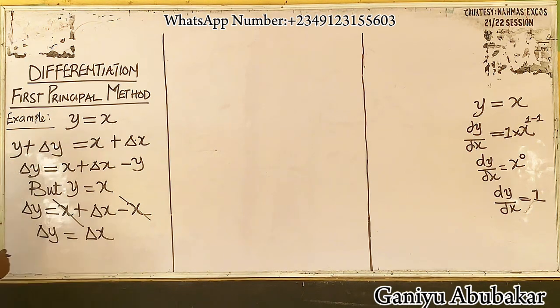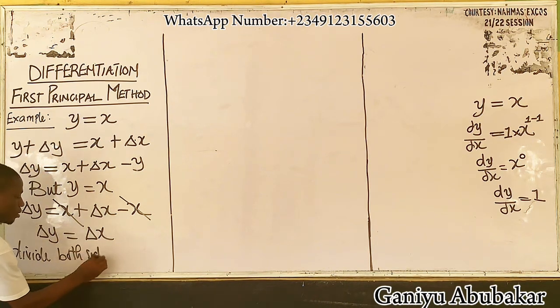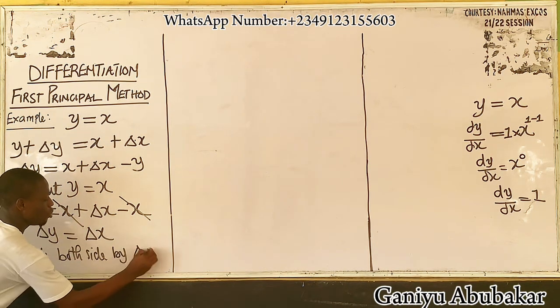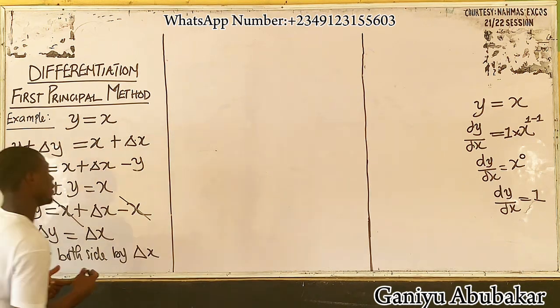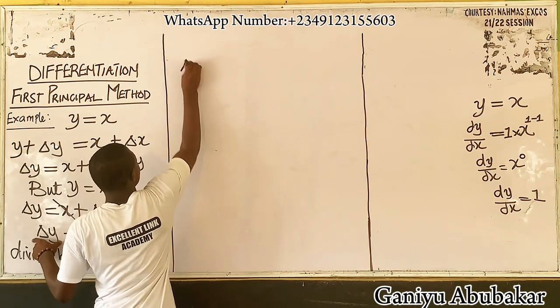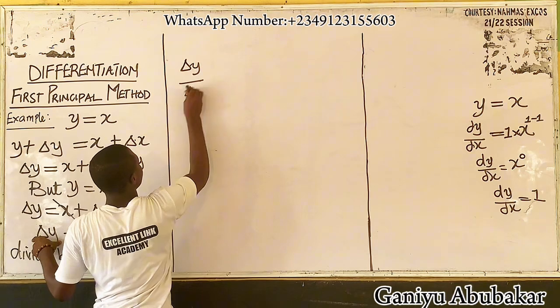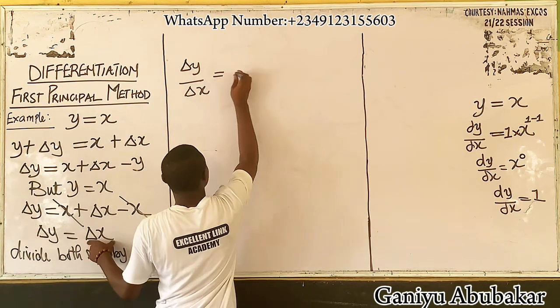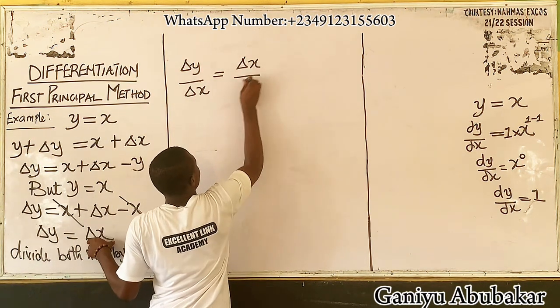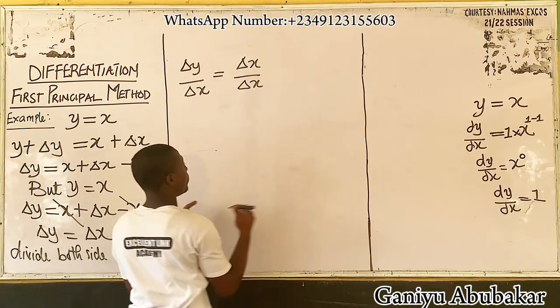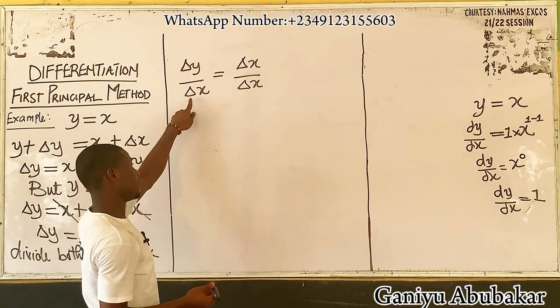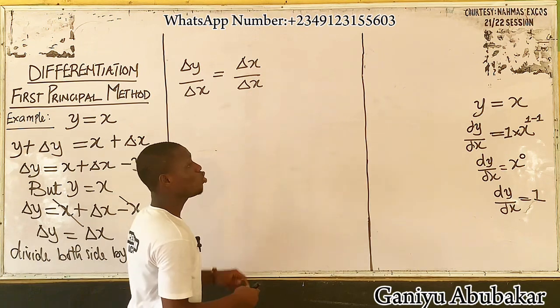At this junction, I will divide both sides by change in x. I'm expecting change in y over change in x is equal to change in x over change in x. So I divide this by change in x, and divide this by change in x. What do you observe?